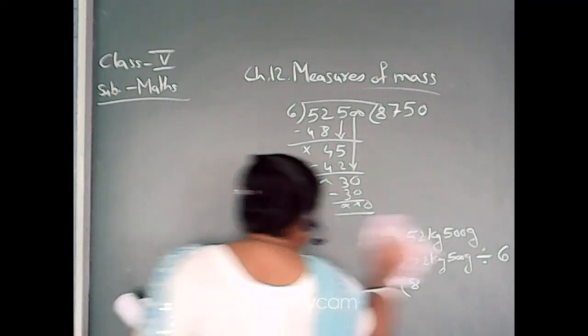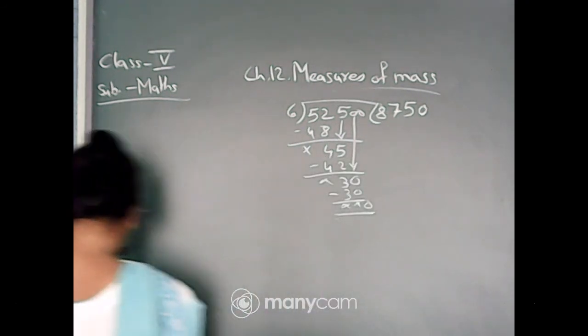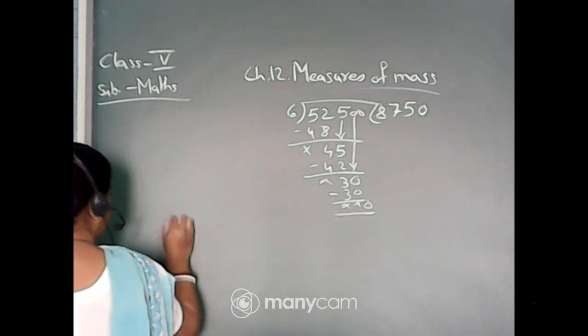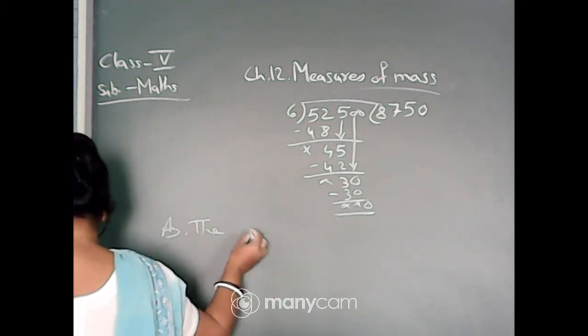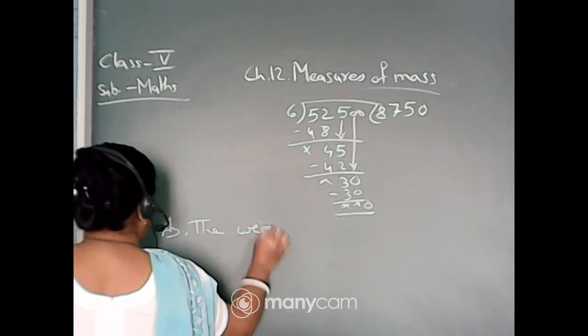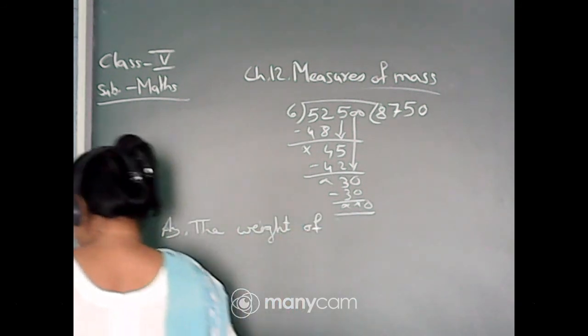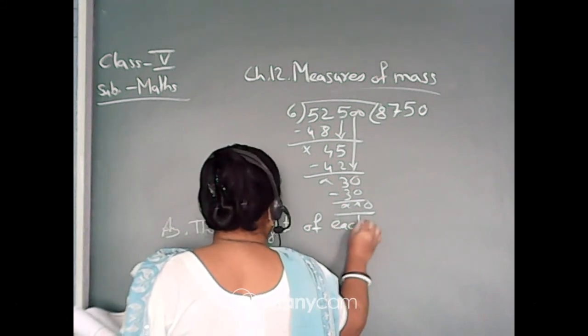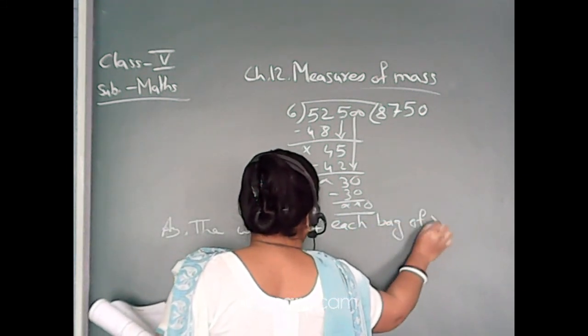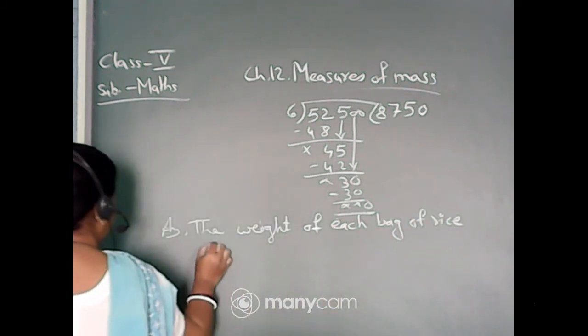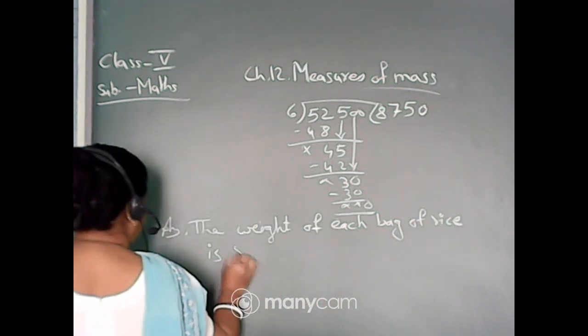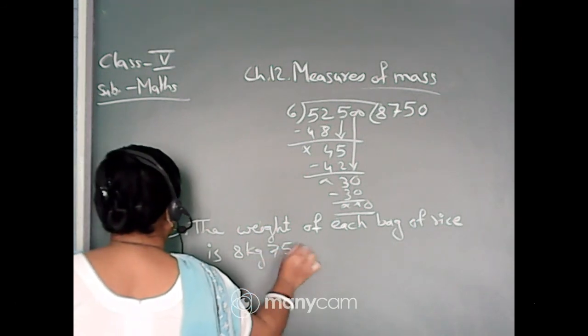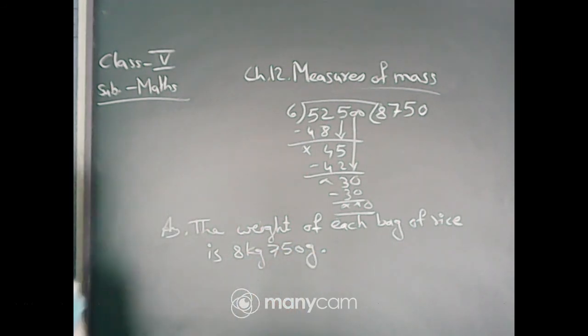So the answer will be the weight of each bag of rice: 8 kg and 750 gram. Okay, the weight of each bag of rice is 8 kg and 750 gram.